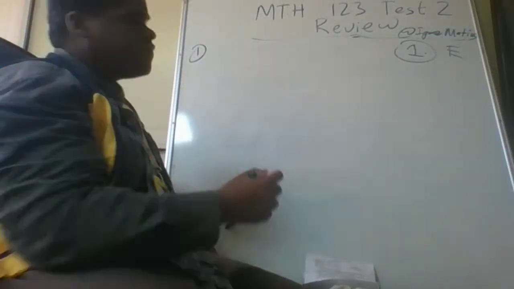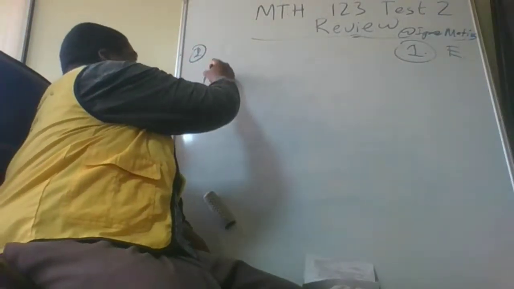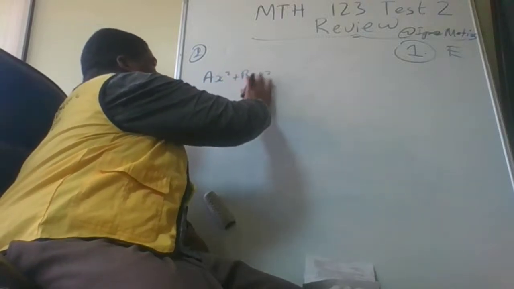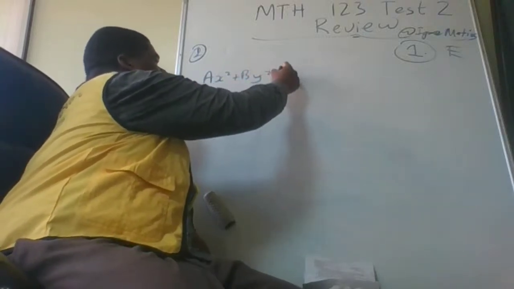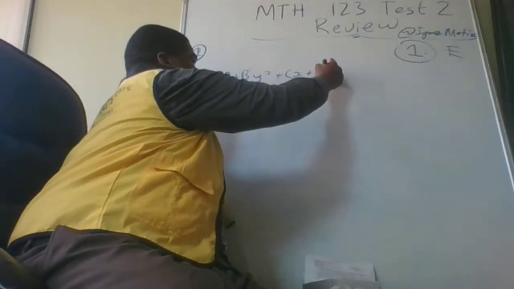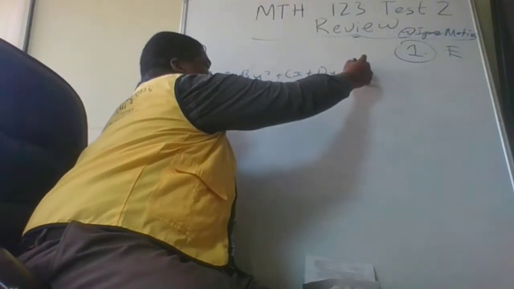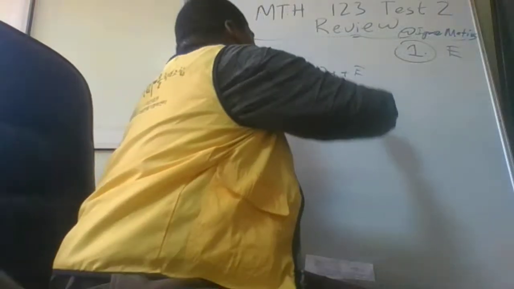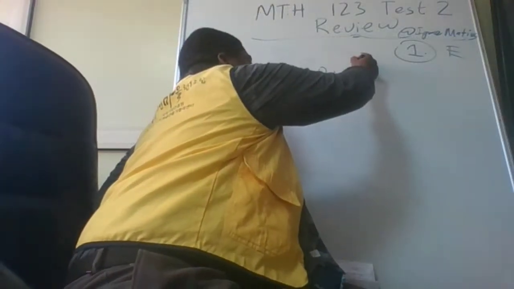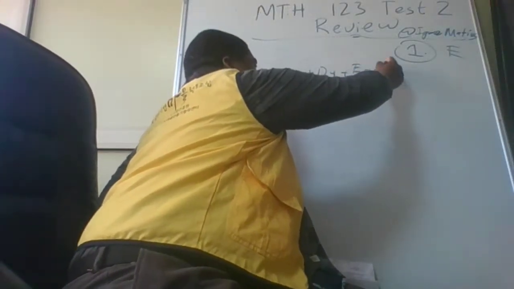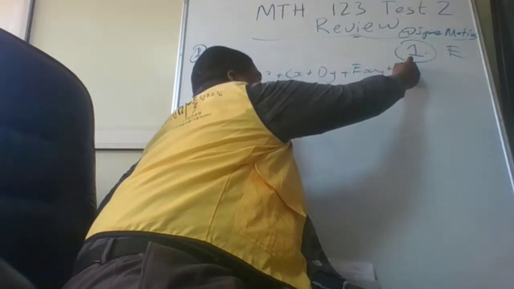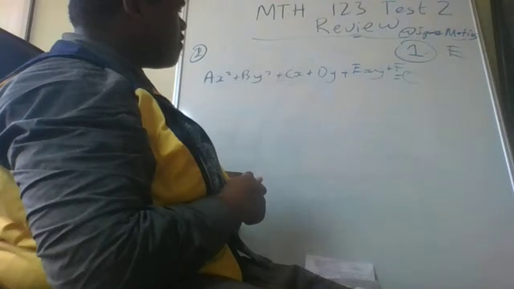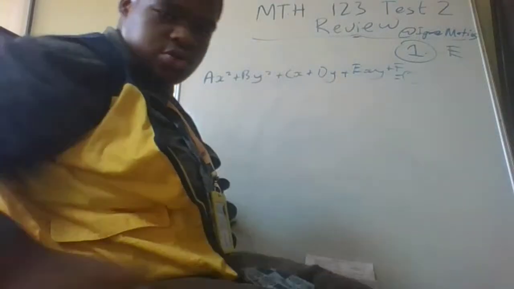The general form of these conic sections is ax squared plus bxy plus cy squared plus dx plus ey plus f is equal to 0. So this is the general form for all conic sections.